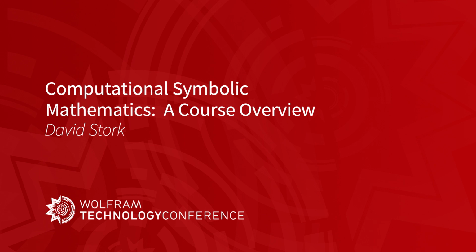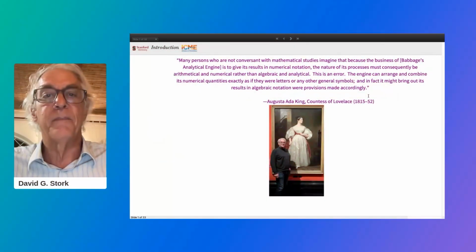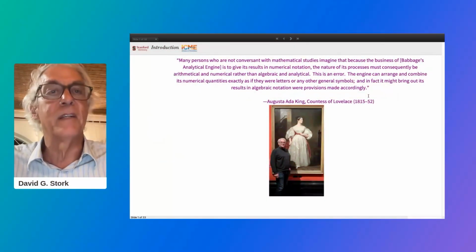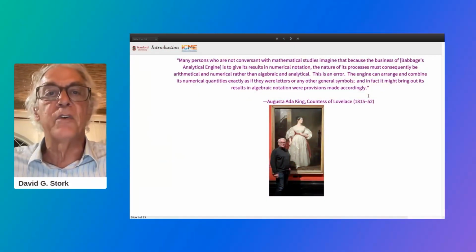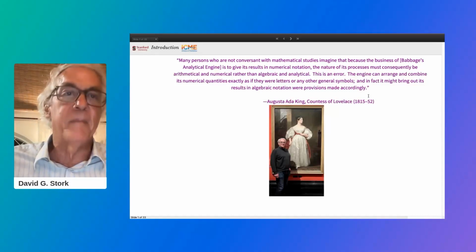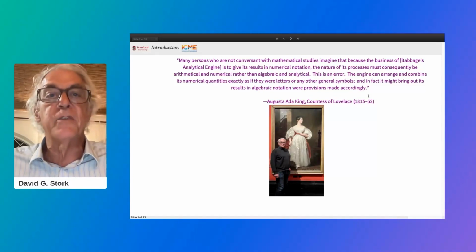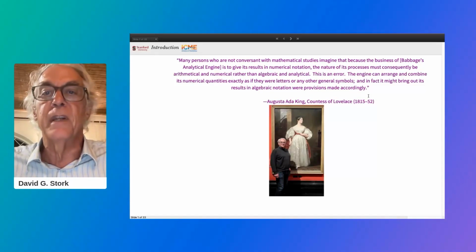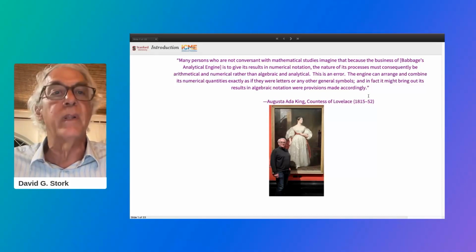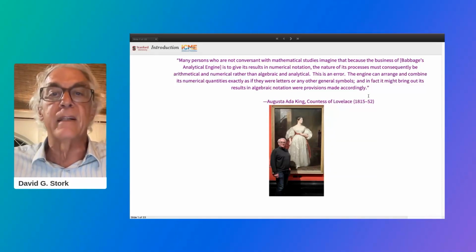Let me start with this quote from Ada Lovelace. Many persons who are not conversant with mathematical studies imagine that because the business of Babbage's analytical engine, the first real computer, is to give its results in numerical notation, the nature of its processes must consequently be arithmetical and numerical rather than algebraic and analytical.